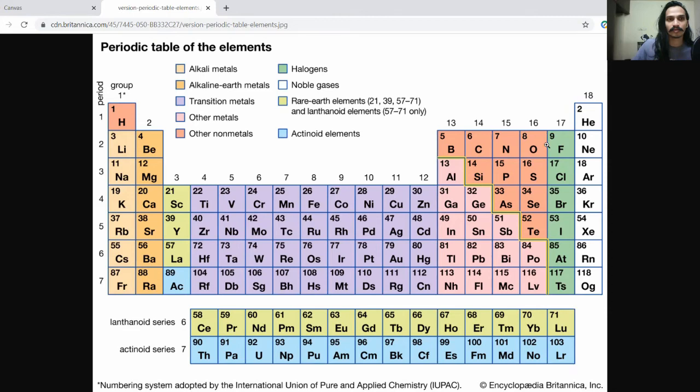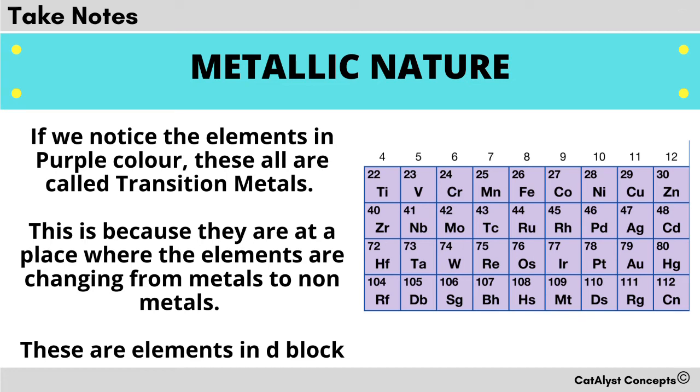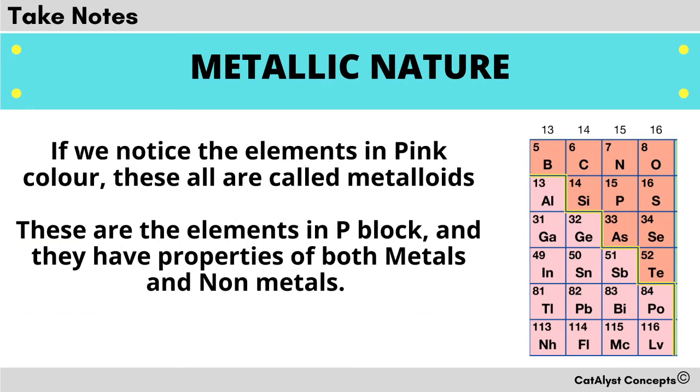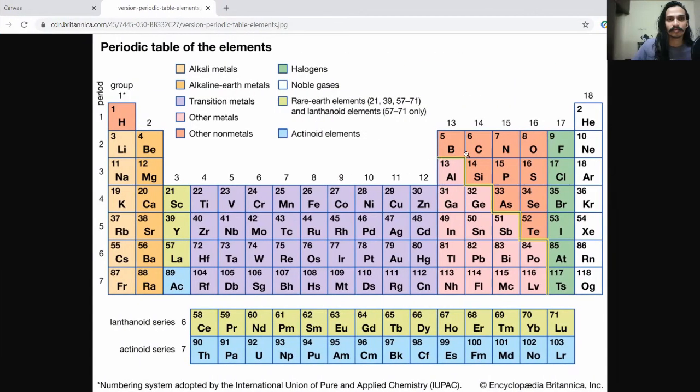So we call them metalloids. The yellow bar that you see over here, like steps, is where the division happens. The closer an element is to it, the more dual property it will show of being both a metal and a non-metal. So metals slowly become metalloids and slowly become complete non-metals.